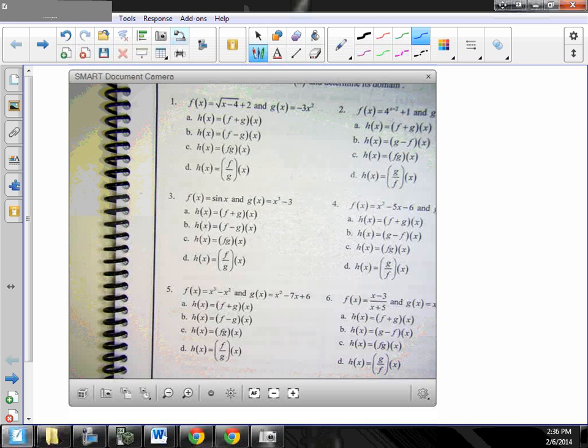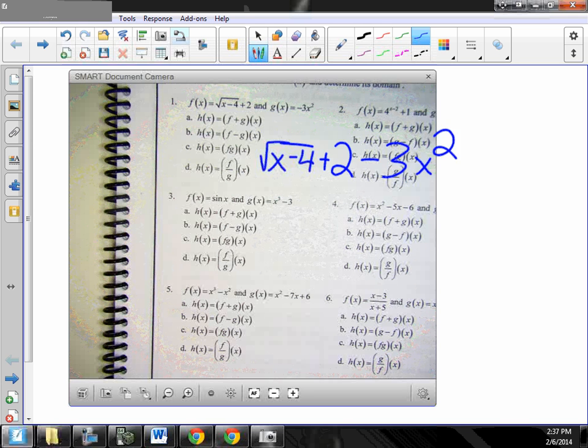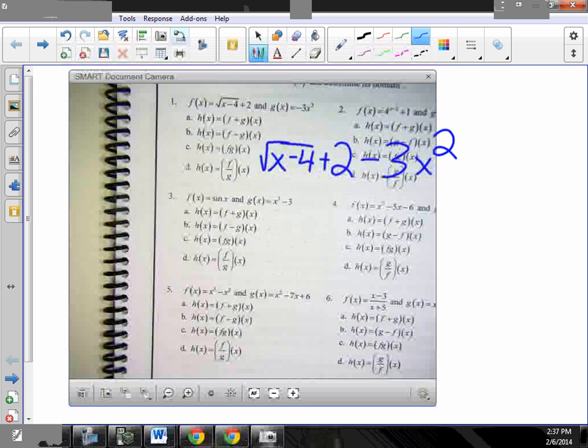So, square root of x minus 4 plus 2 minus 3x squared. I just added those together, right? Technically, it's plus negative 3x squared, but I cheated. Can I simplify anything? No?